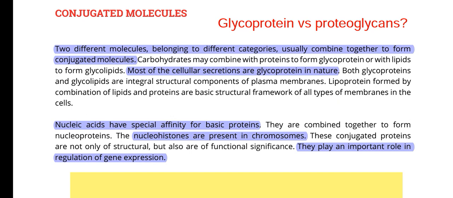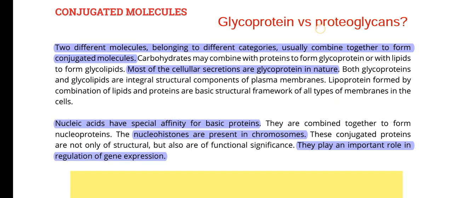So if we say glycoprotein, it means carbohydrate will be less and the proteins will be more. And if we say proteoglycans, it means the proteins are less and glycan, which is also used for carbohydrates, is most. So it is very important.